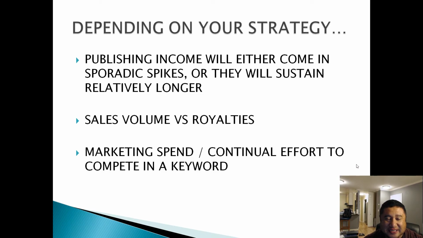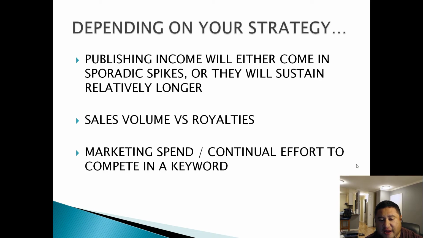So just realize, depending on your strategy, publishing income will either come in sporadic spikes or it will sustain relatively longer, whether you use the shotgun approach or building a brand. Just saying. Likewise, whether you choose ebook, paperback, or audiobooks, you will have to decide, do I want to sell by sales volume? Will I rely on sales volume versus the little amount of royalties I get?